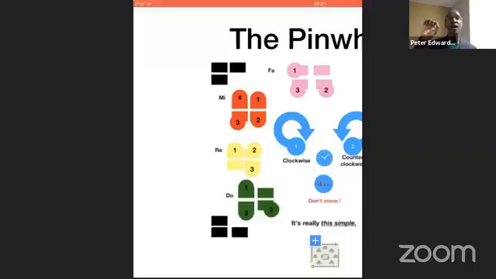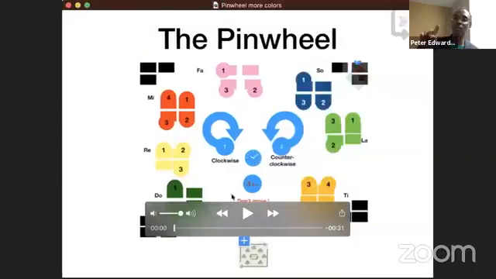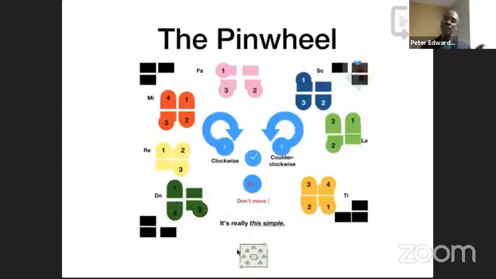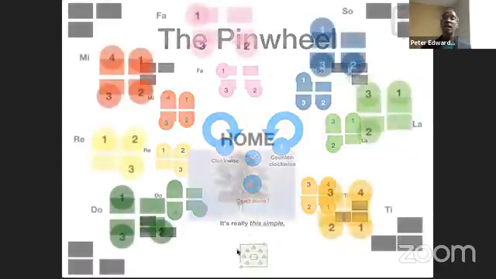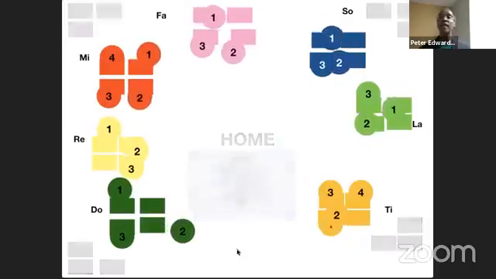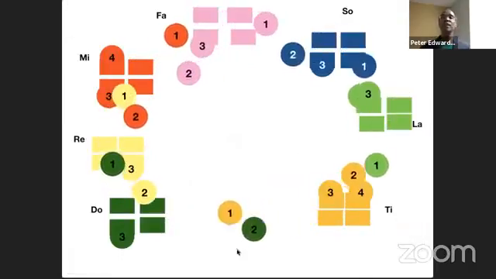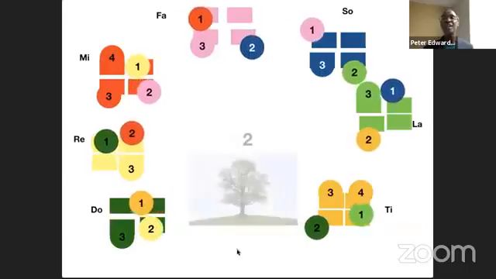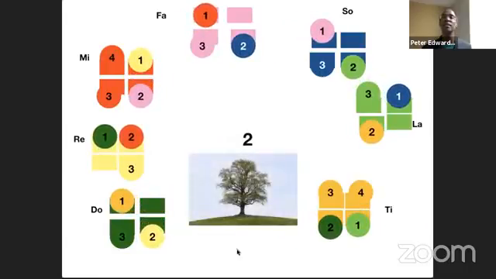Just very quickly, pay attention as you see the shapes moving. You'll notice the ones move clockwise, the twos move counterclockwise. This is a group of 23 students, and if you watch them move, there it goes, and they're in all completely new groups.